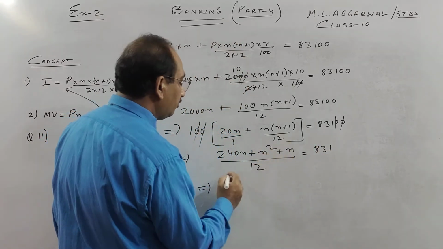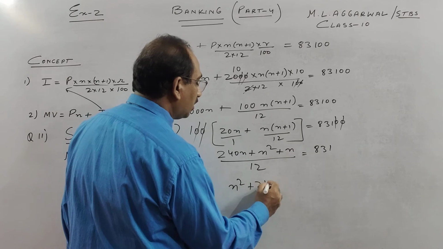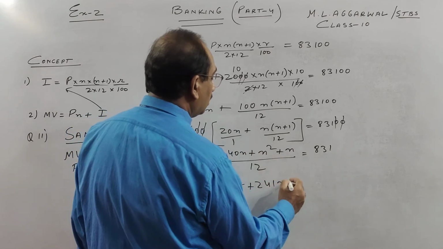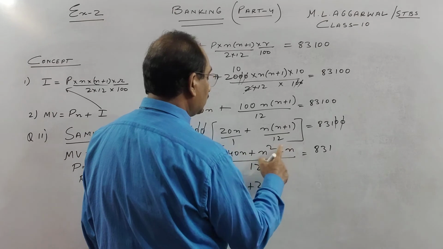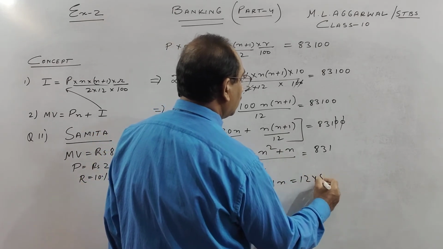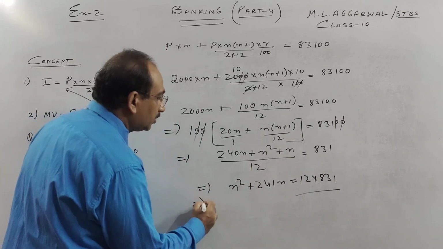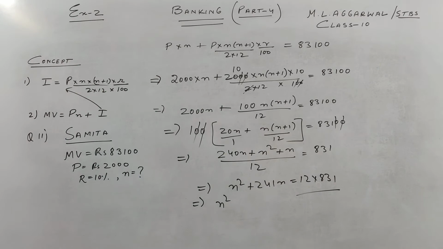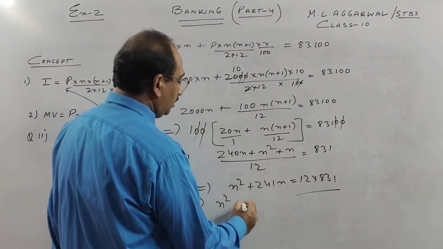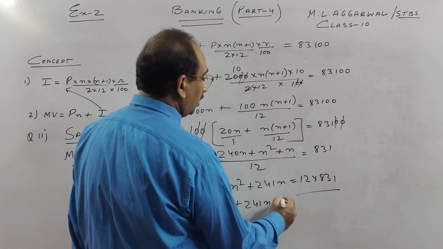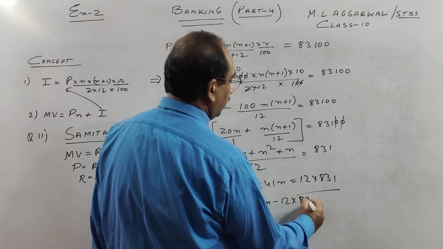So the next step is 12 will go up, so we have n square plus 241n, children, and this plus this is equal to 12 into 831. Don't multiply this, I'll tell you when we find the factors. So finally what happens, children, you see n square plus 241n minus 12 into 831 is 0.